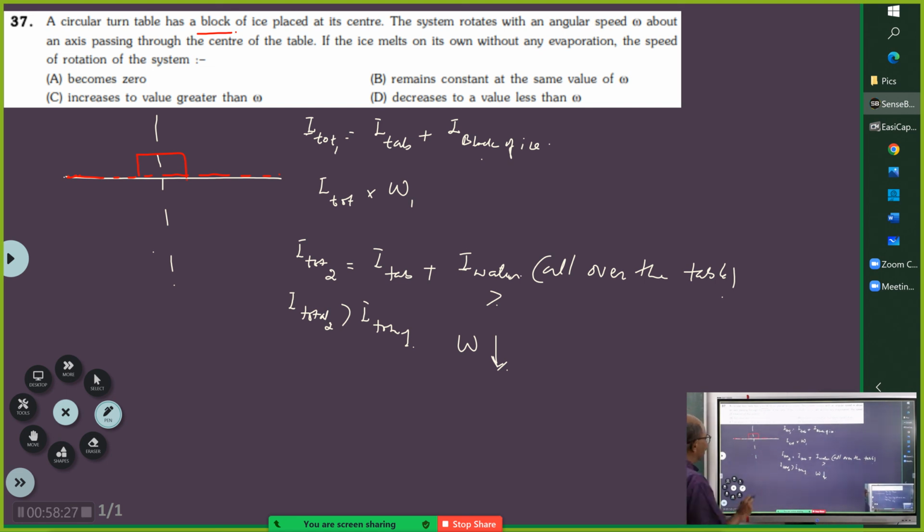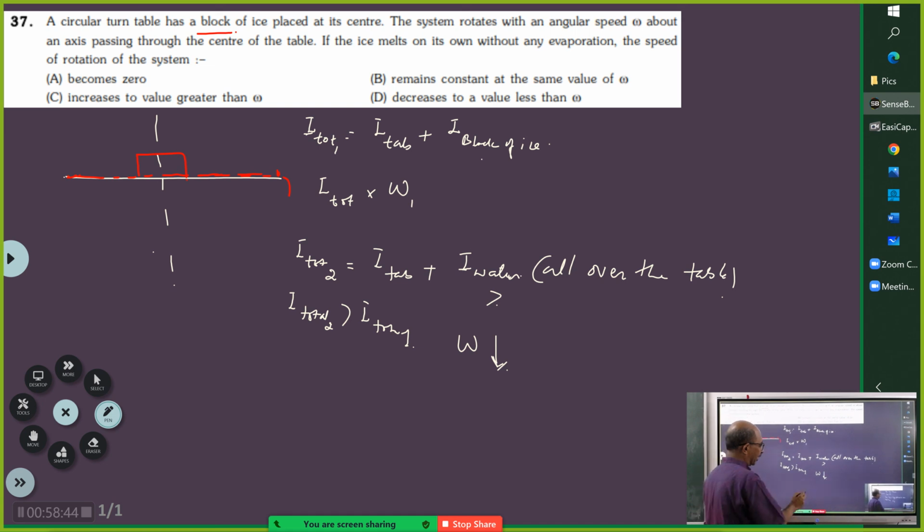Now, as time proceeds, due to centrifugal force, the water will start going towards the edge. That is what happens due to centrifugal force. And the edge cannot support it, so it will start falling.